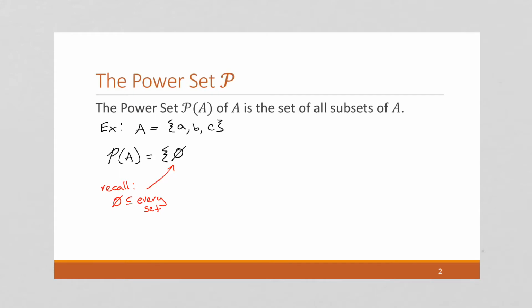So if we're doing the power set, which is all possible subsets, well, the empty set has to be in there. And then we have the set containing a, the set containing b, the set containing c. So notice the power set is a set of sets. Each element in the power set is actually going to be a set in and of itself.